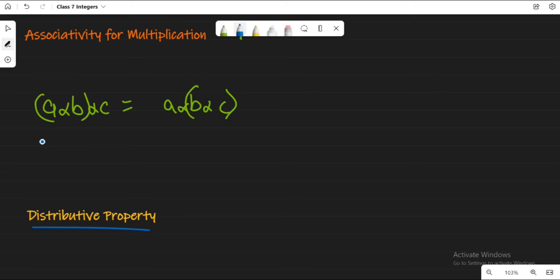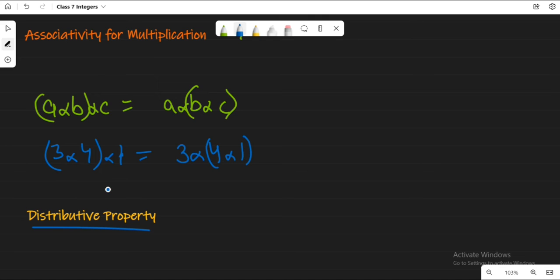Let's put the value of a as 3, b as 4, and c as 1. We multiply 3 and 4 first, and let's do the same for the RHS.